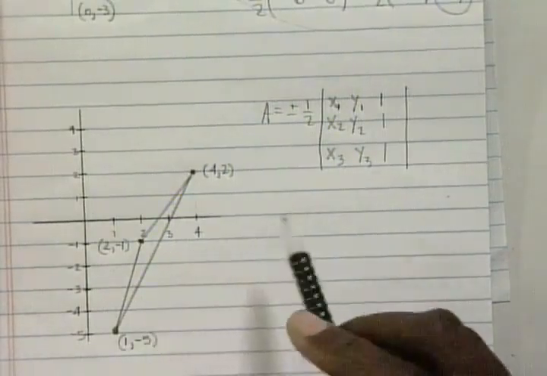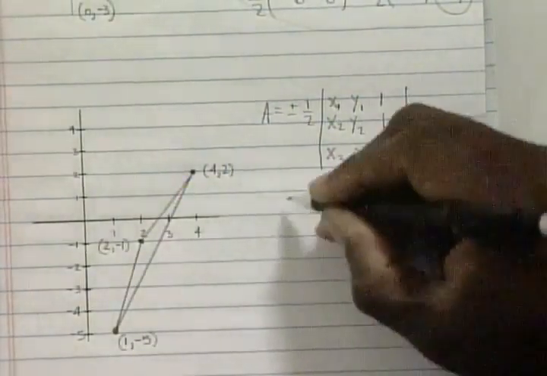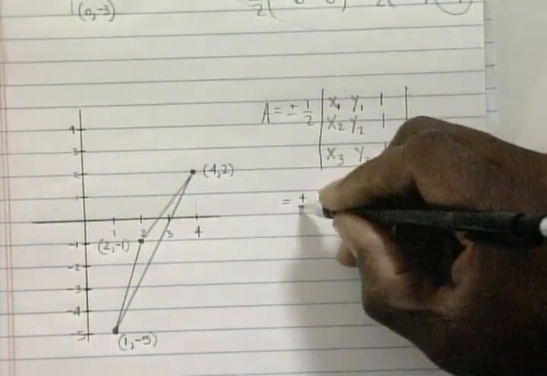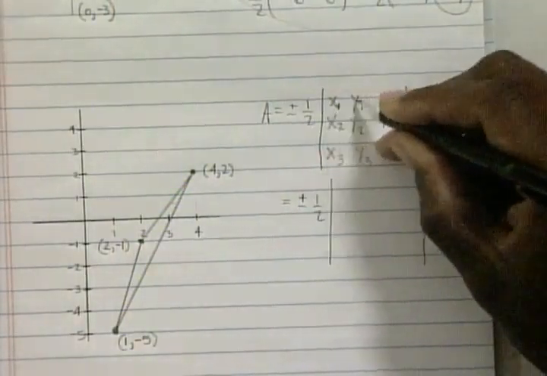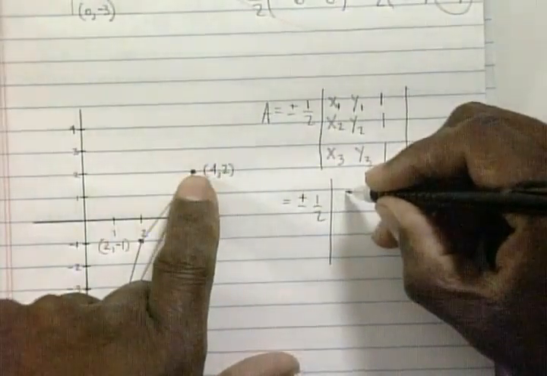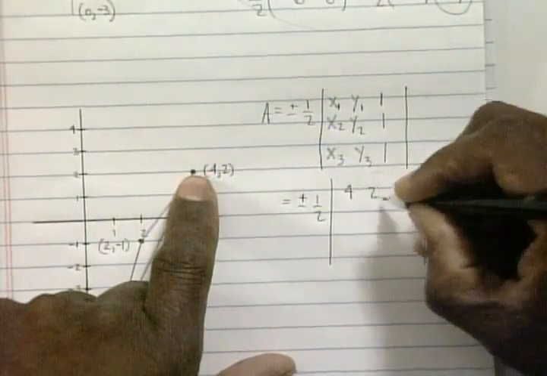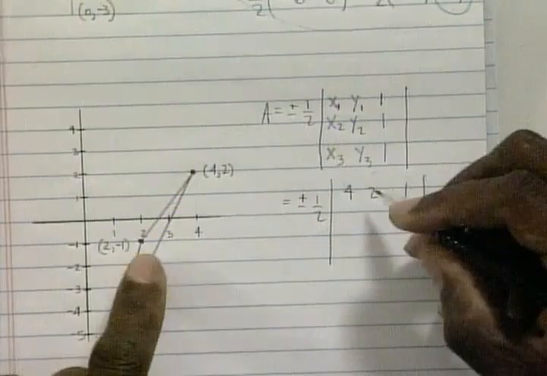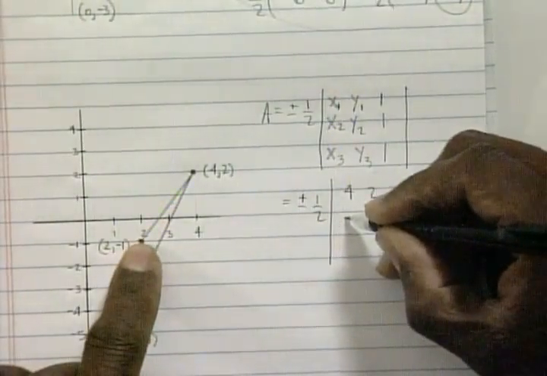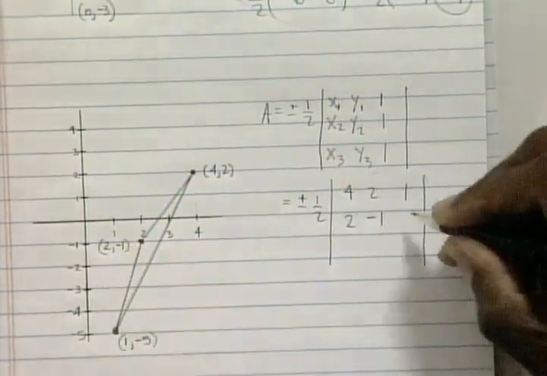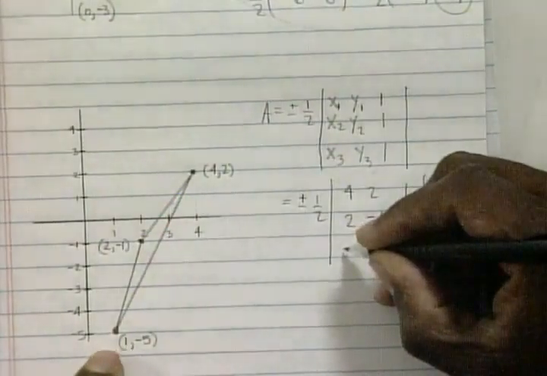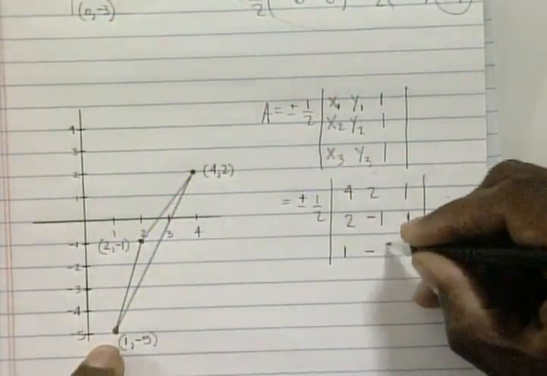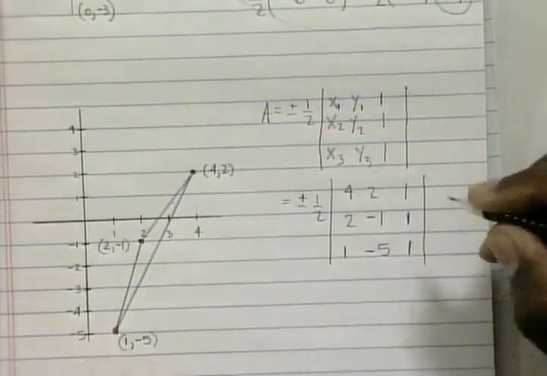So we've got all 3 points here. We've got plus or minus half. The first point is 4, 2, and then 1 by rule. The second point is 2, negative 1, and then 1 by rule. And the third point is 1, negative 5, and then 1 by rule.